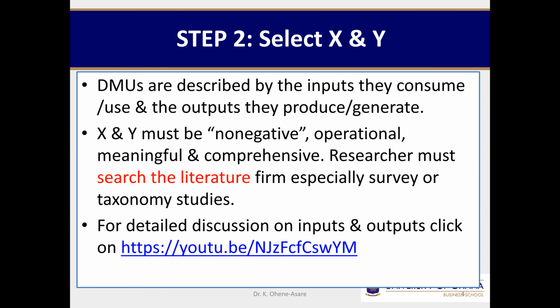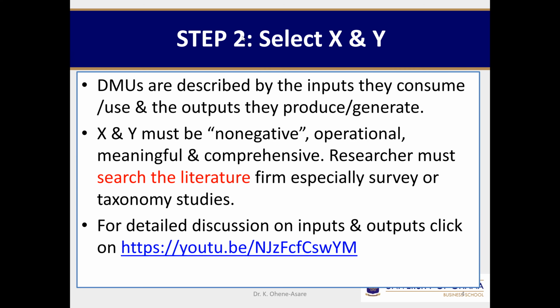Step 2 is, now that you know the industry you're going to deal with, identify or select the inputs and outputs that the firms or the DMUs, the decision-making units, use. We have to know the inputs and outputs that they use. And so that's your second step.